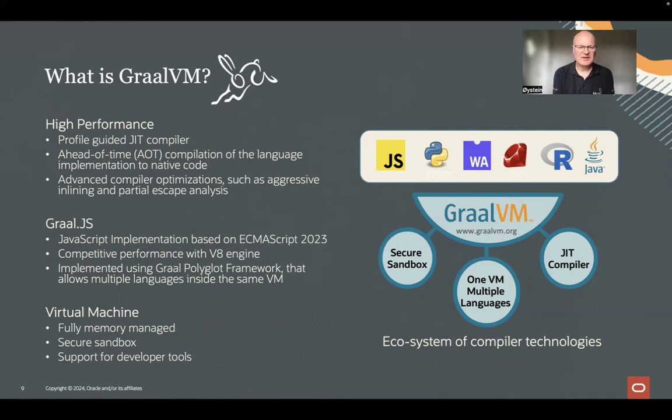Since GraalVM is a virtual machine, the memory is fully managed within the Java VM, which provides garbage collection and so on, and has a secure environment in which the programs can run. And it also has support for developer tools.